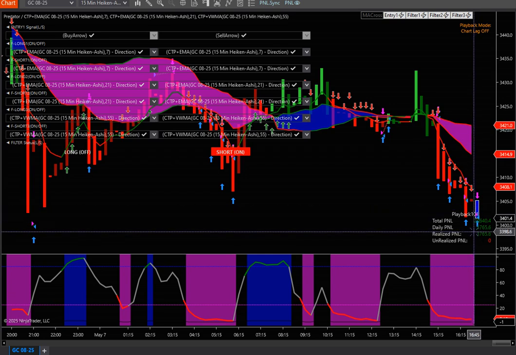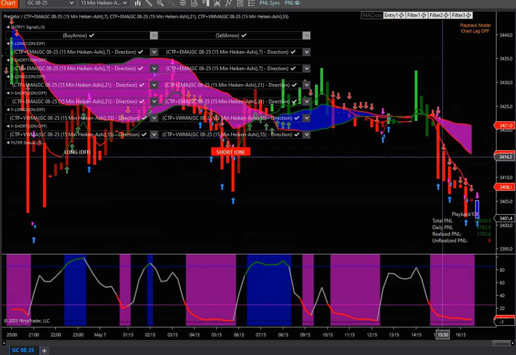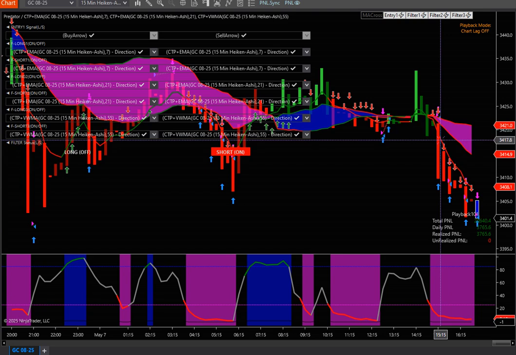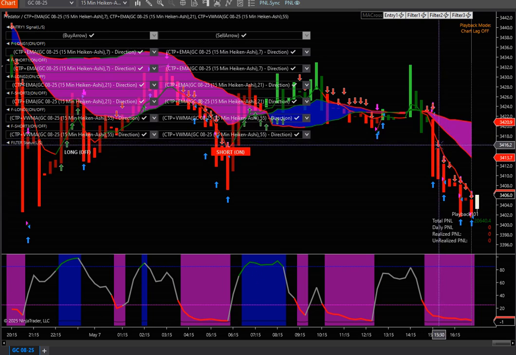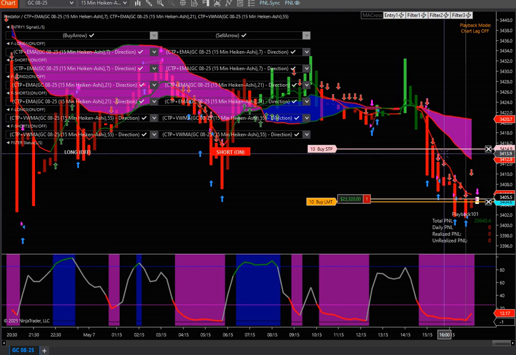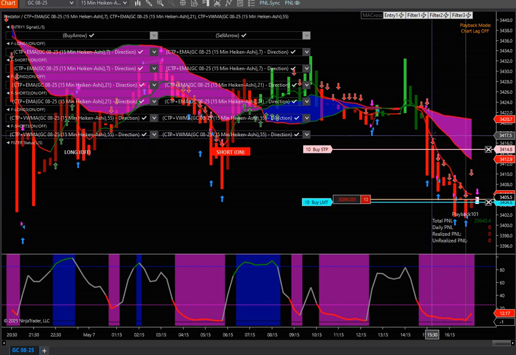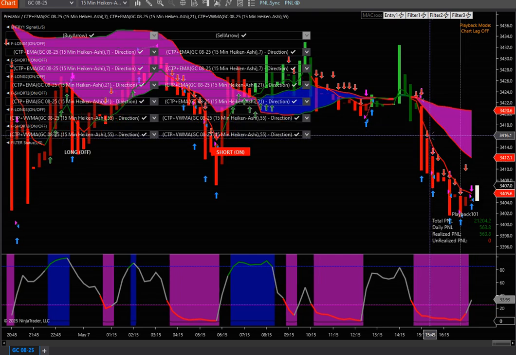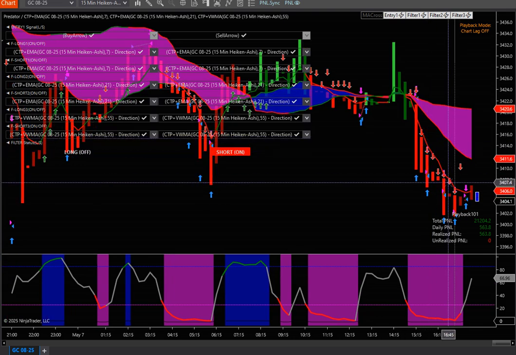This is only scalping. If I had, I don't know, a 20 or 30 profit target, then that trade would have continued going down. But right now I have a short profit target. That's why it's taking these short trades, but I can modify it to see how well it does with a larger profit target.